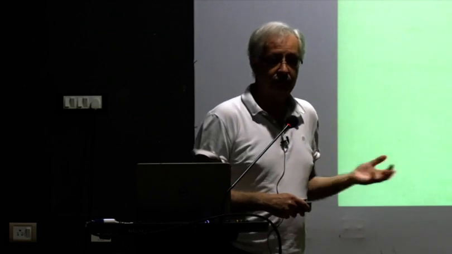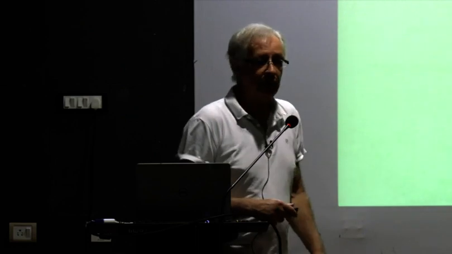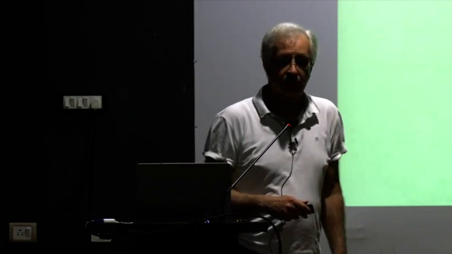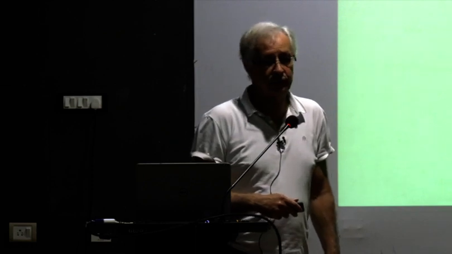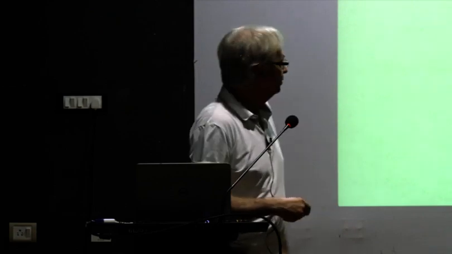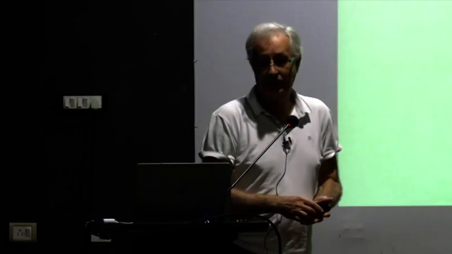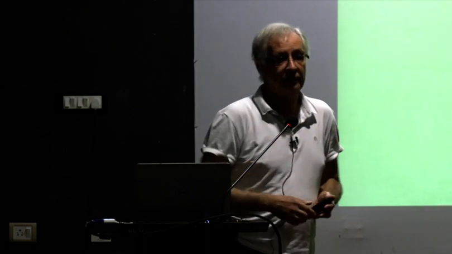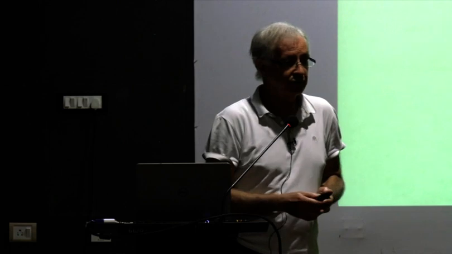So this is also just a representation. It does not treat the real case, although many people have tried it, including us at one time, to treat this as the real case. But it turns out that these structures, yes, they do exist, but their positions are not exactly the way they are shown over here, and you come up with so-called commensurate and incommensurate states.